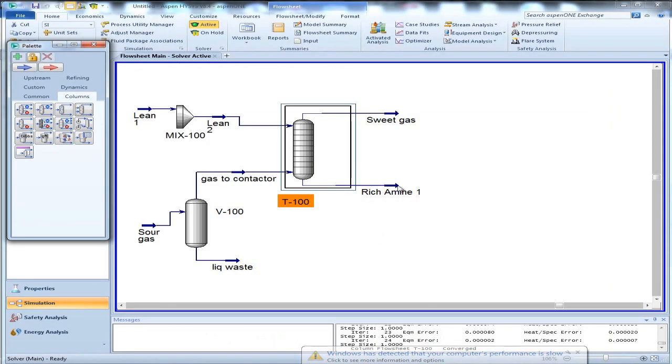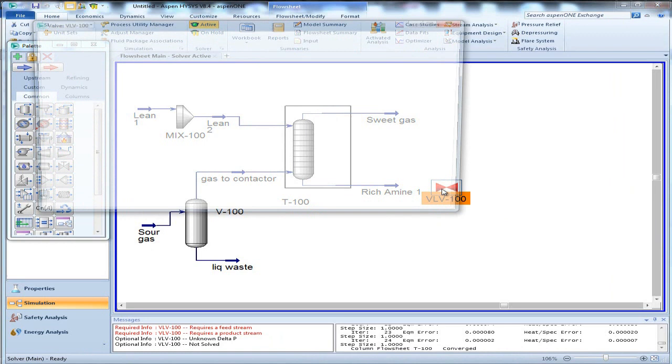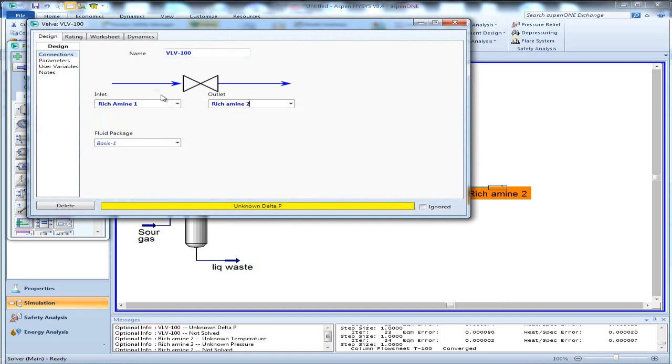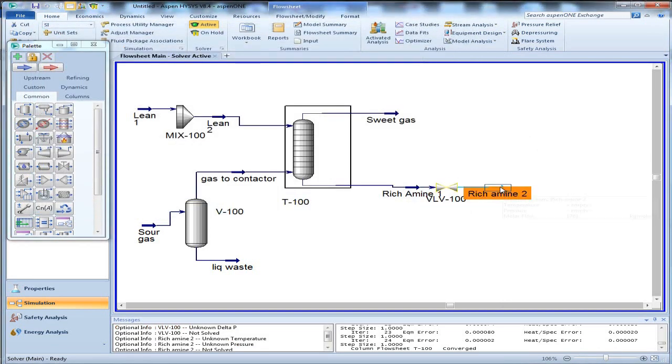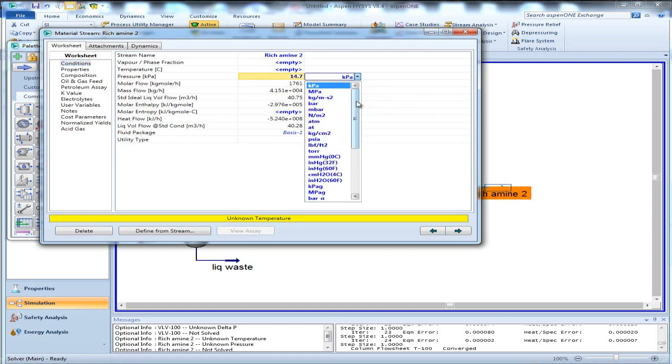Now let's go and reduce that. So we put the reducing valve here. This must be rich amine 2, and keep the pressure of that equal to 14.7. Let's see.